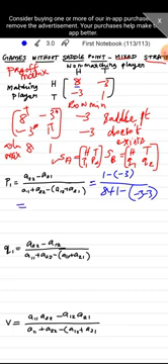We get P1 equal to 4 by 9 minus (-6), which is 9 plus 6. So we get 4 by 15. This is our P1.